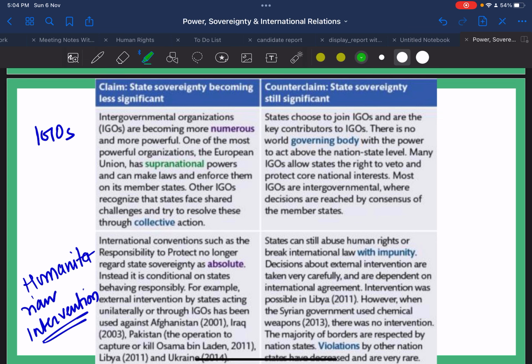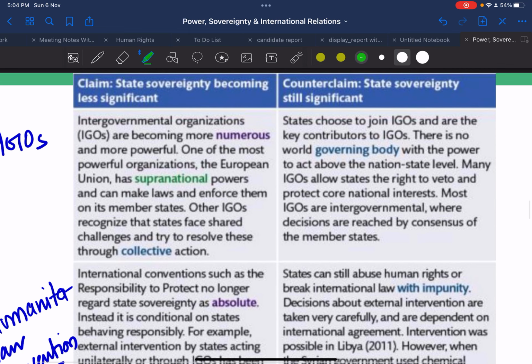Intergovernmental organizations are becoming more numerous and more powerful. Okay, they are increasing in number. You also know that earlier we had just a handful of organizations, but now we have so many regional and intergovernmental organizations. One of the most powerful organizations, the European Union, has supranational powers and can make laws and enforce them on its member states. Other IGOs recognize that states face shared challenges and try to resolve these through collective action.